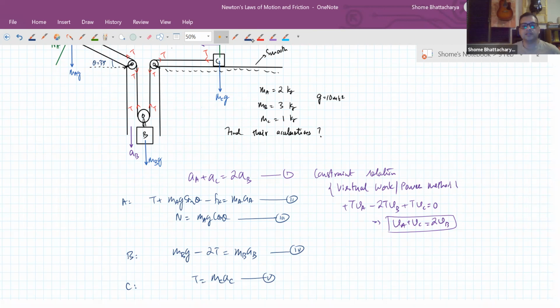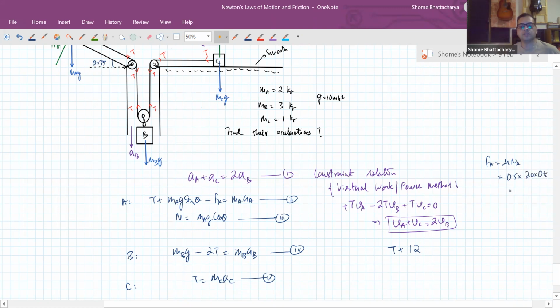So let's put in the values here and just quickly write these equations. So T plus this one's weight, which is 20 newtons, into sine 37. So that's 20 newtons into 0.6. So that's 12. Minus the kinetic friction on A. Now kinetic friction on A will be mu into normal reaction on A. So mu was 0.5, and the normal reaction on A will be its weight cos component, so 0.8.